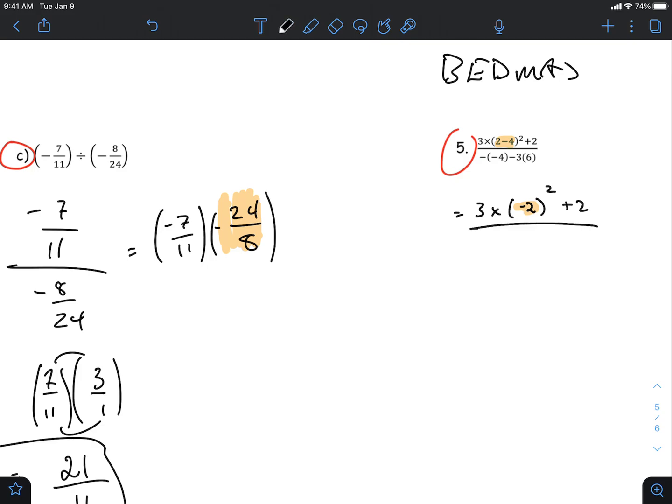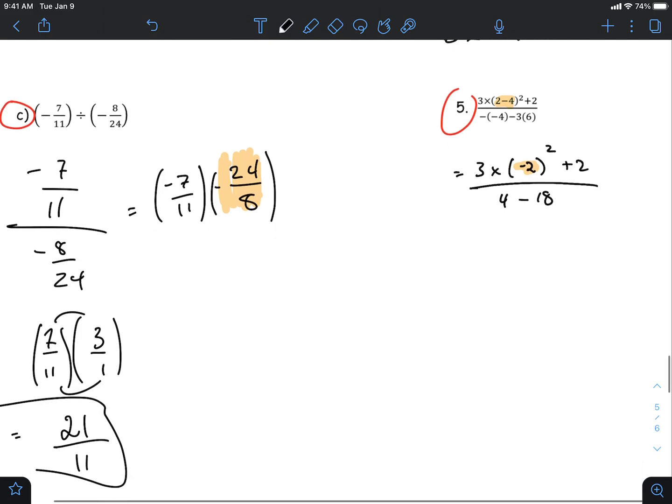And then divided by, you could just distribute this negative into the negative 4, and you'd get positive 4, take away 3 times 6 would be 18. I'm just doing a couple things at once here so I can minimize the number of lines that I have to write down in my solution. And because the top's separate from the bottom, we could just do that accordingly.